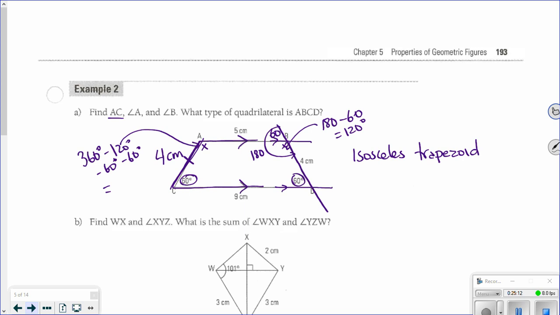So 360 minus 120 minus 60 minus 60 is 120 degrees. So angle A equals 120 degrees. Angle B also equals 120 degrees.